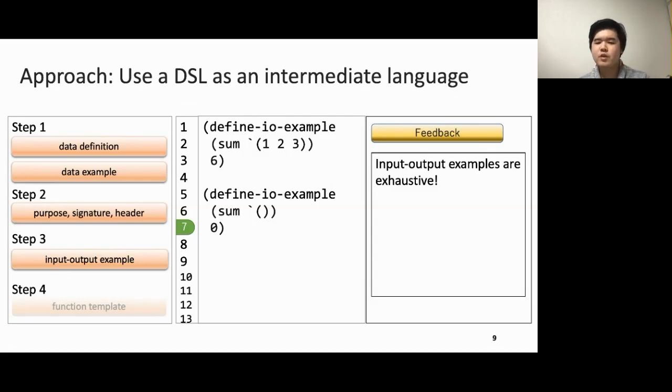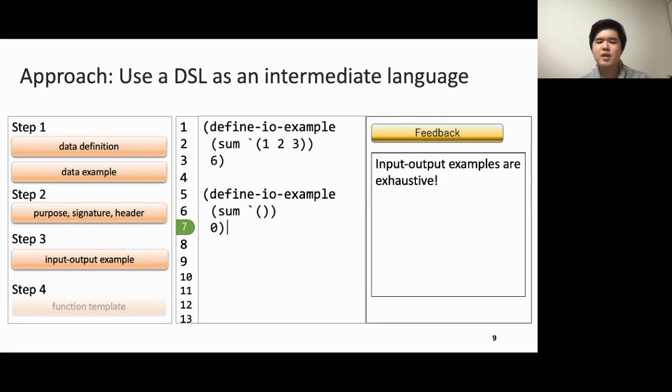To build a feedback generator, as well as other components of our environment, we create a domain-specific language, DSL. We use the DSL as intermediate language between the user's input and the feedback generator. There are several advantages of this approach.